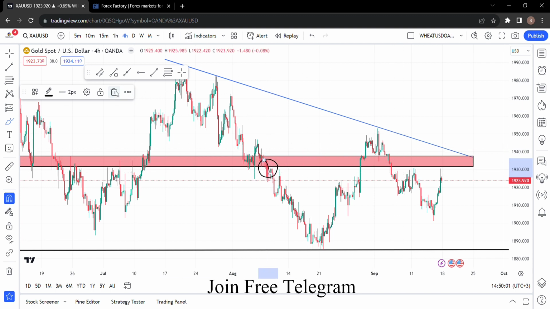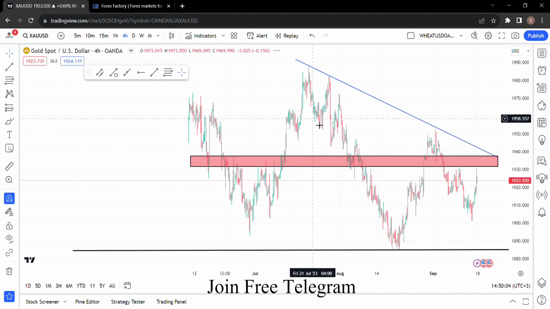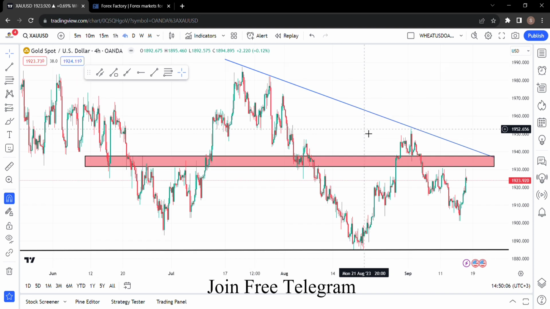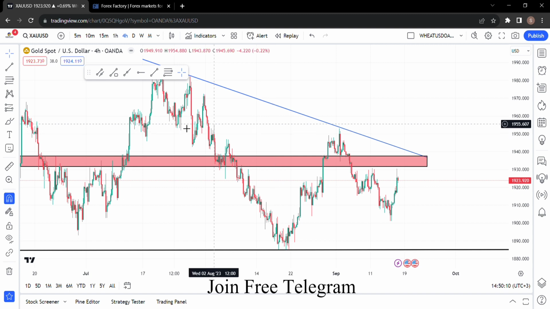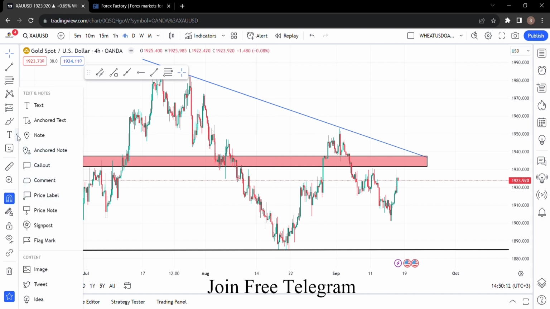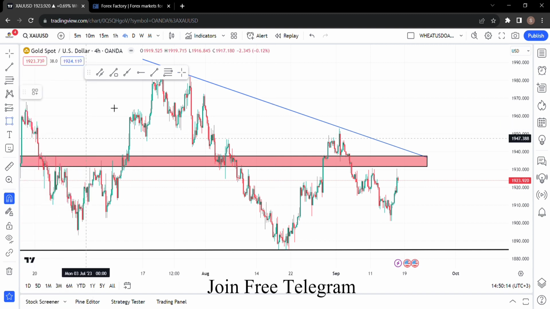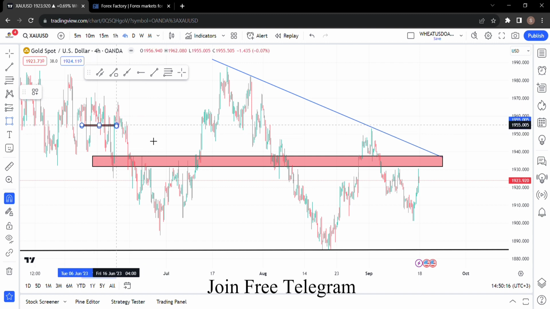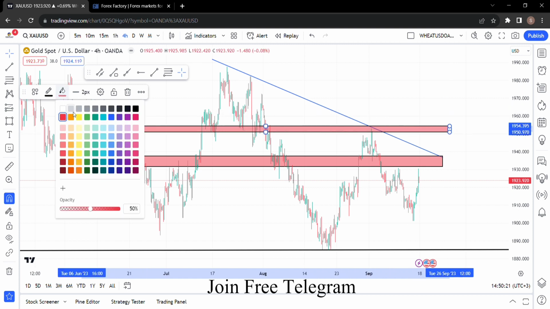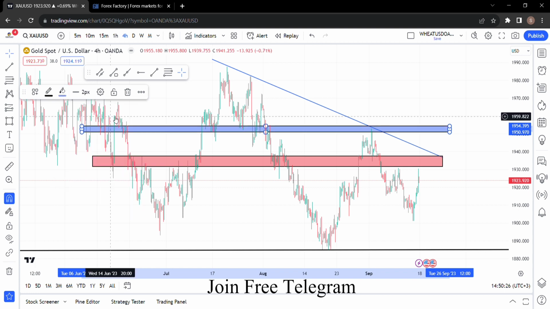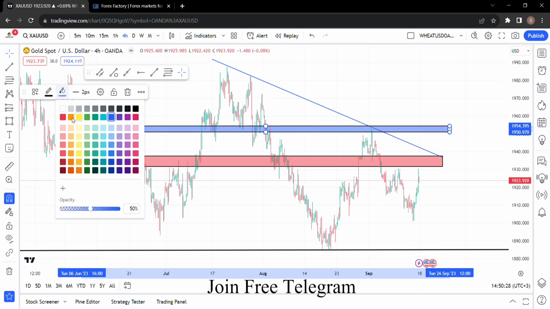But if we see this chart and draw a new zone, then we will come to know that we have a new zone according to the H4 candle, and this is above the trend line, in the area of almost 1950 to 1955. Let's change its color to blue. Now we have the trend line blue, so let's change its color to green.